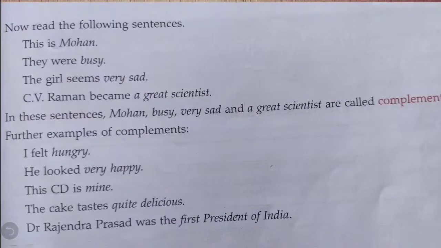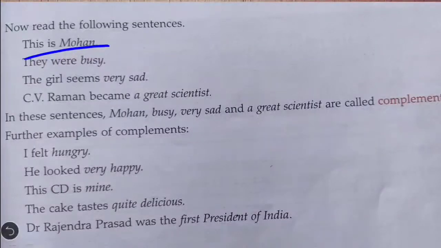Now read another sentence. This is Mohan. So we can understand the meaning that the person is Mohan. His name is Mohan. But what have we learned about object? Something is done by someone. Here Mohan is Mohan.